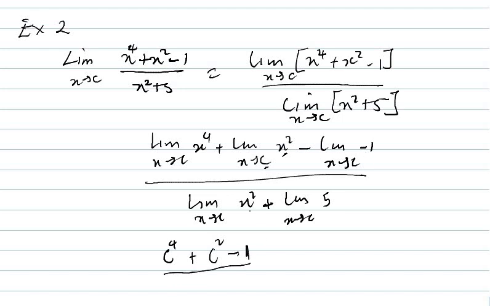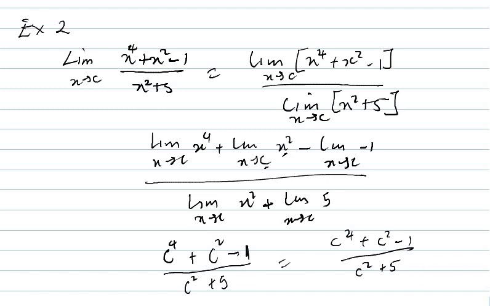For the denominator, we substitute c for x, then we have c squared plus 5. So the answer is c to the power 4 plus c squared minus 1, all over c squared plus 5. So this is the final answer.